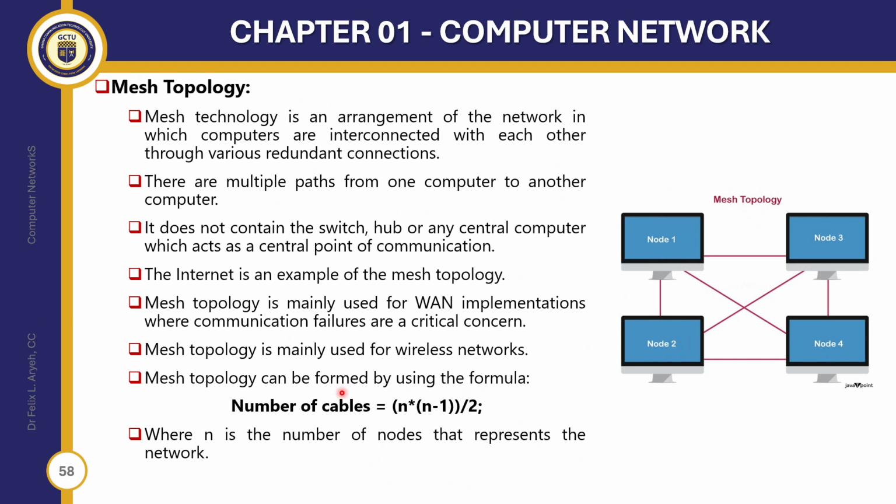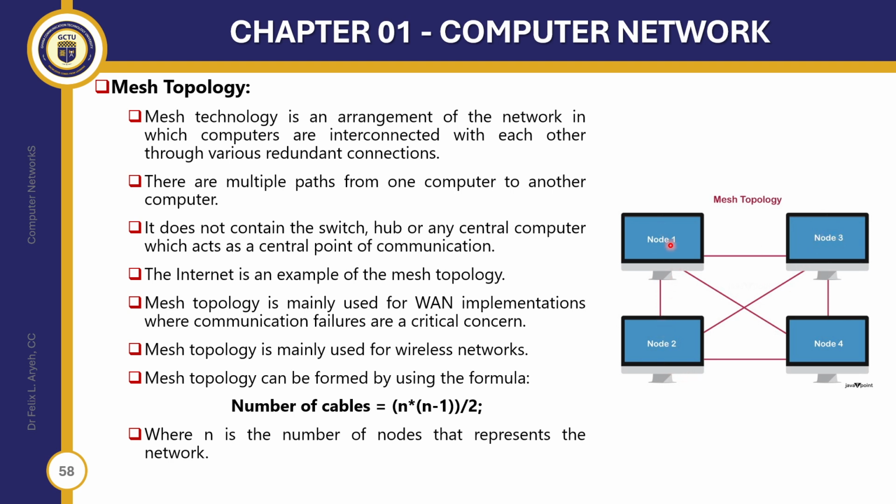So this is the mesh topology. The mesh topology is an arrangement of the network in which computers are interconnected with each other through various redundant connections. So the key word here is redundant connection. So for instance, with the mesh topology, we have node 1, node 2, node 3, and each of the nodes is connected to each other.